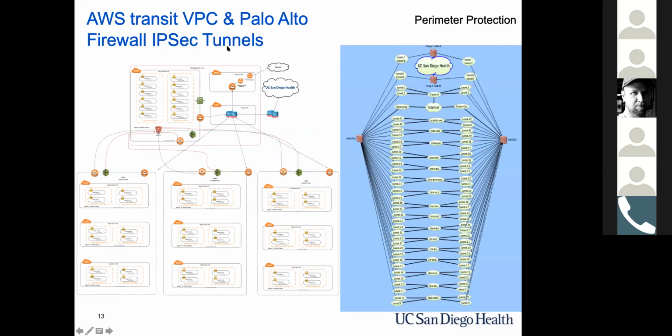Okay, so everything that we're doing in the HIPAA environment, everything that was in that red box in the consolidated billing org, we are running through Palo Alto virtual firewalls that also connect back to the physical firewalls here at UCSD. The infrastructure is all using UCSD CIDR block space so that we can connect back to local resources if we need to.